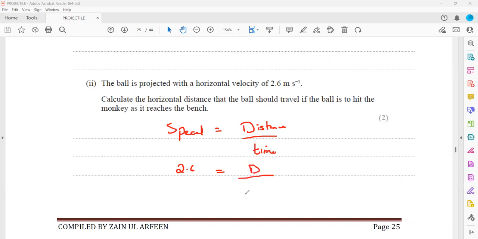And the time it took is 0.23 seconds. So 0.23 is divided on one side, on the other side it will be multiplied. When we multiply 2.6 by 0.23, this will be about 0.6 meter. 0.6 meter is the range, the horizontal distance covered by this projectile.